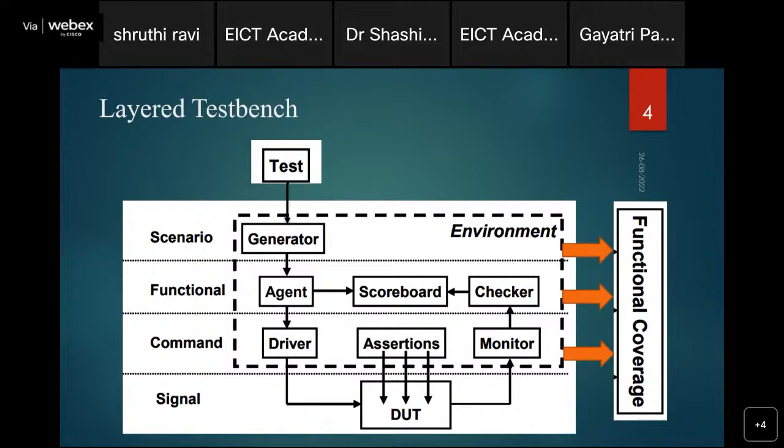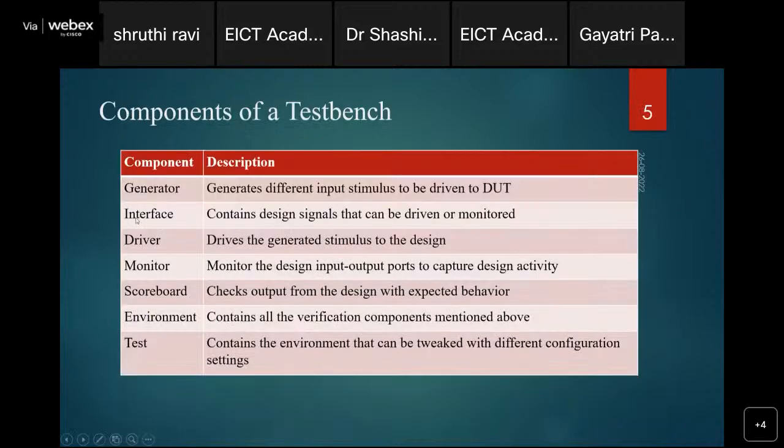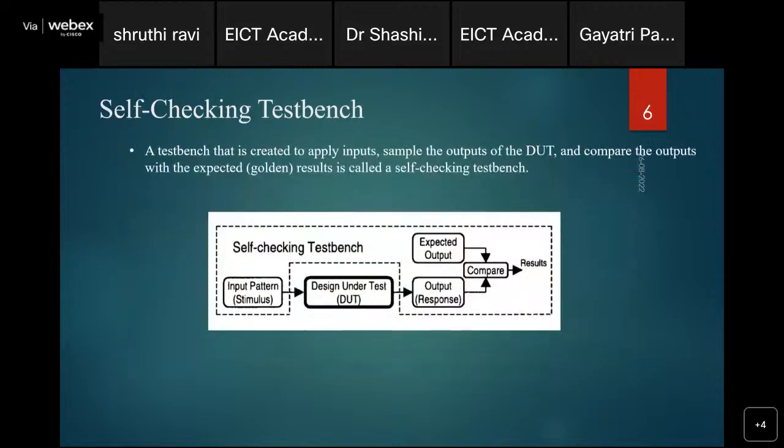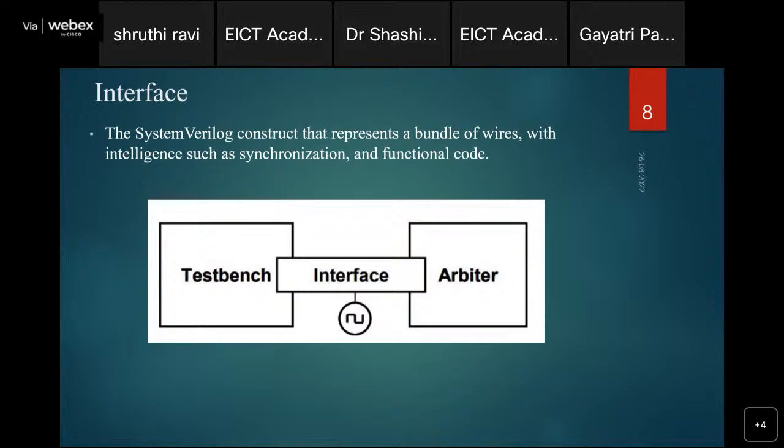In this test bench, there is no interface in the layered test bench. But if the interface is included, where would it be included in the design? Usually it is going to contain design signals that can be driven or monitored. So here is what the interface is all about.